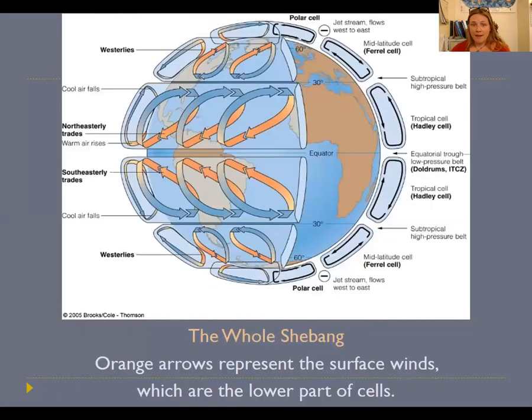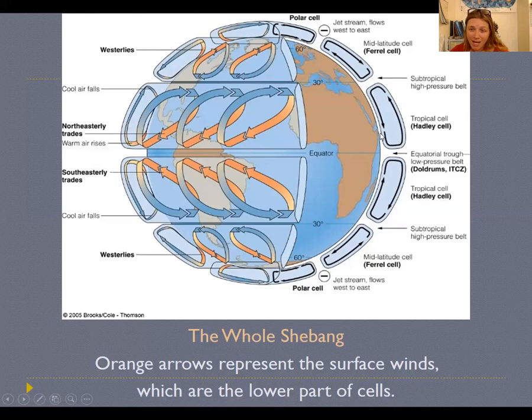Okay, here's one more image, the whole shebang, all the different parts together. So we have this vertical air motion, the Hadley, Ferrel, and polar cells created by zones of relatively warmer and relatively colder surface temperatures. And then that causes surface winds.